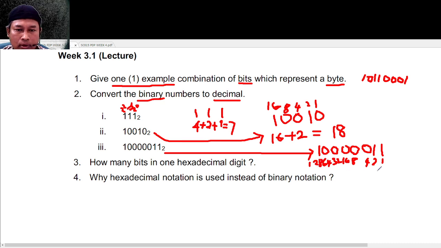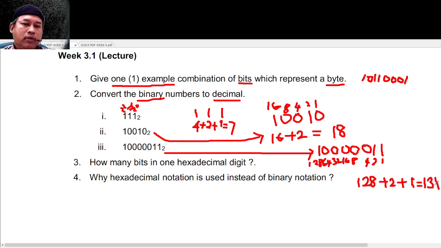So 128 plus 2 plus 1 equals 131. Okay, 131 is a decimal number.